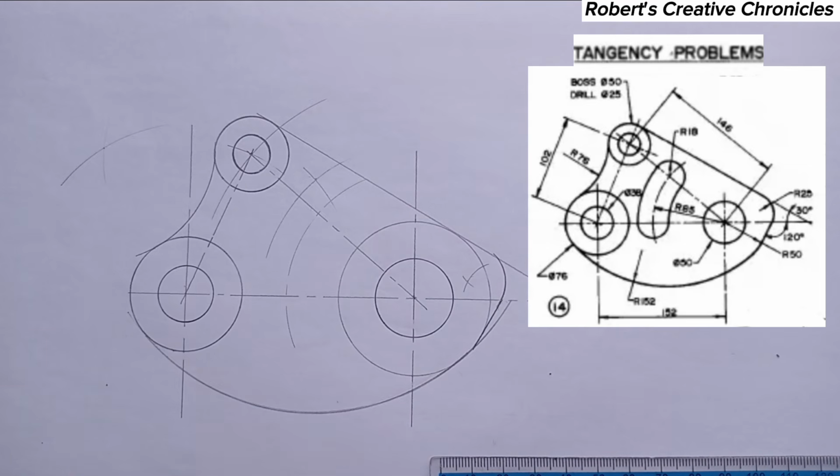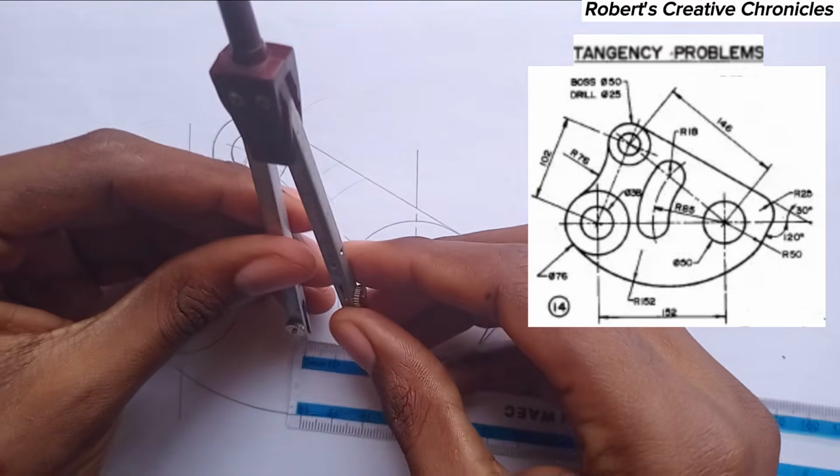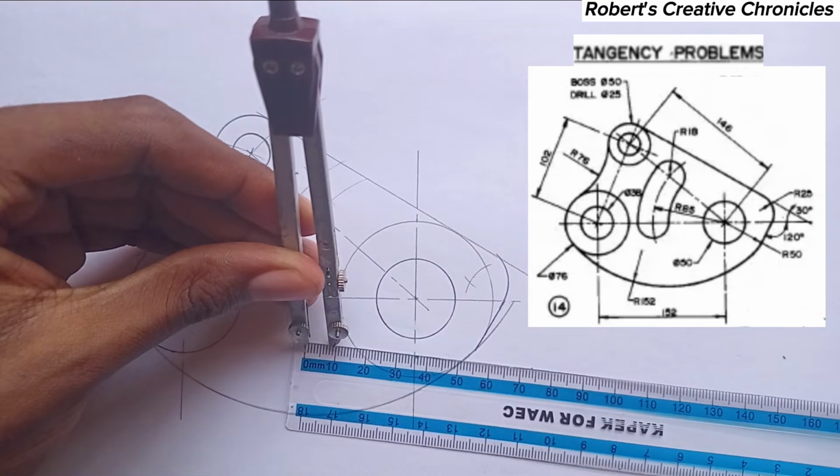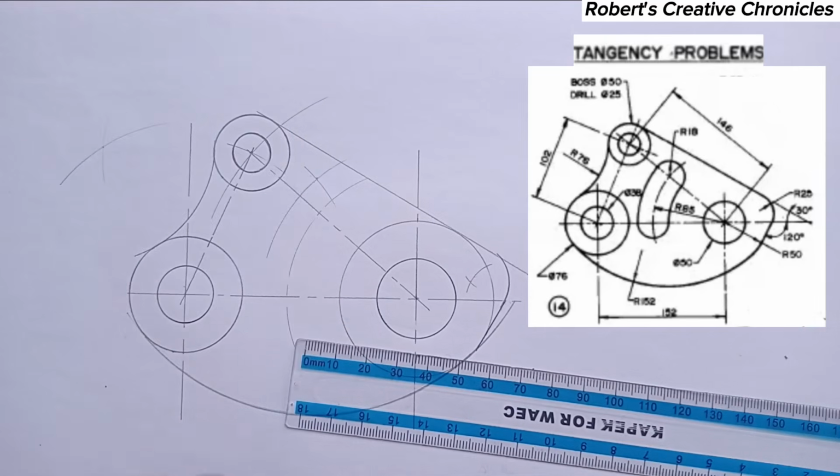Then the circle here is what? The diameter is 18, so we'll divide by 2, which is 9.